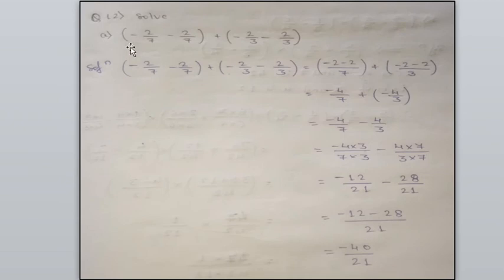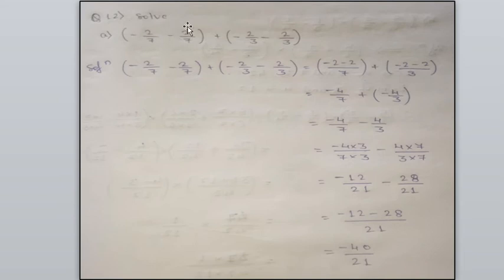Then question number 12. In question number 12 it is given: solve A, minus 2 by 7 minus 2 by 7 plus minus 2 by 3 minus 2 by 3. Here we have to simplify it.